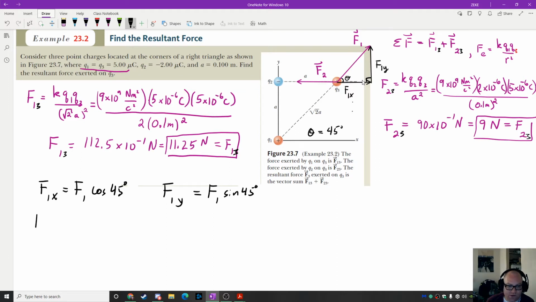So what are those equal to? Well, F1x is going to be equal to 11.25 times cos 45. That's equal to, are we in degrees? Yeah. 7.95. And they're both going to have the same value.